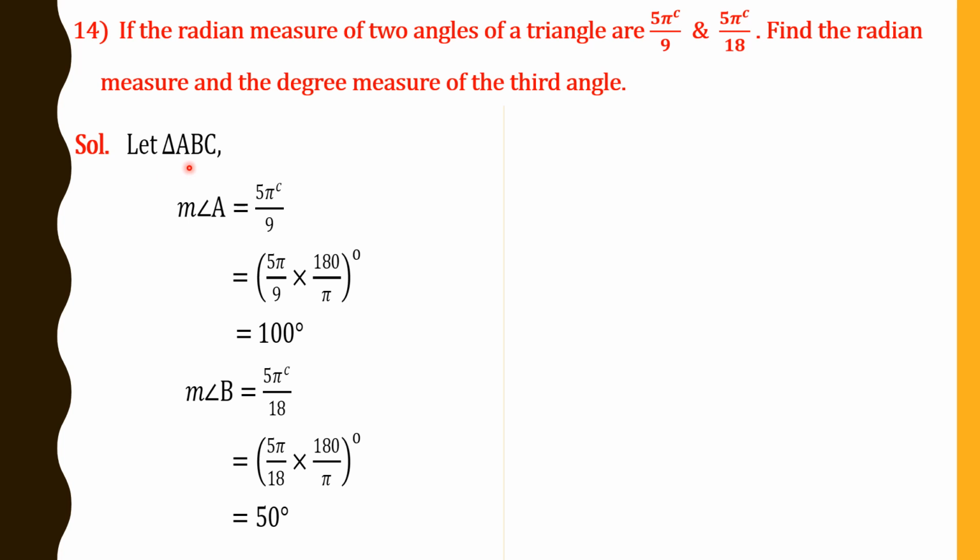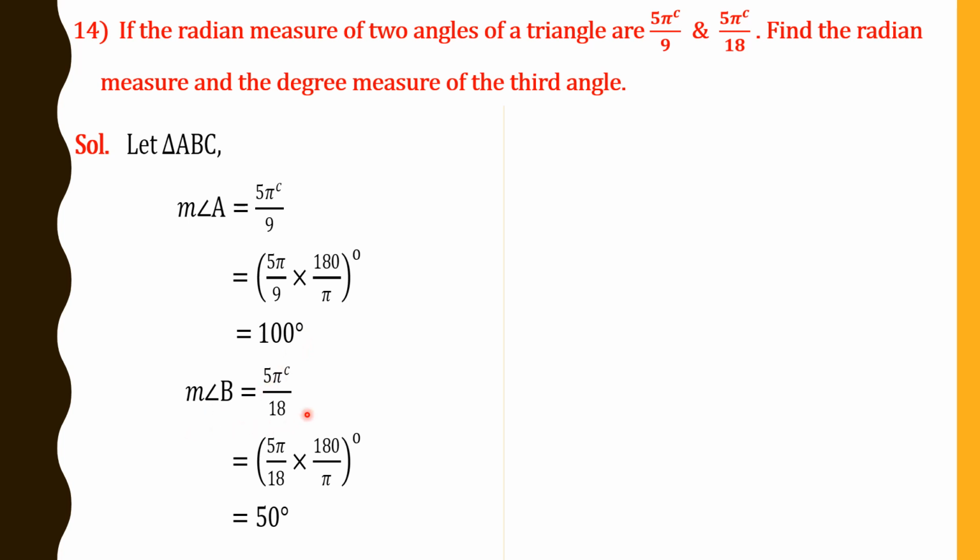Solution. Let triangle ABC. Suppose the first angle, measure of angle A equal to 5 pi divided by 9 radian. Convert it into degree, multiply this by 180 divided by pi. Therefore, 5 pi divided by 9 into 180 divided by pi. Pi pi cancel, 9 into 2, 18. Here 20, 20 into 5, here is 100 degree.